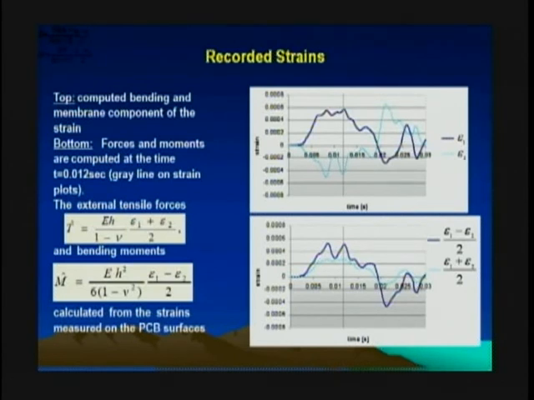In these formulas, if you measured epsilon sub 1 and epsilon sub 2 on the convex and concave parts of the printed circuit board during testing, and then you know the thickness of the board, H, and you know Young's modulus of the board material, E, and you know the Poisson's ratio of the board material, here's a nu in the numerator, then you can calculate both the force and the moment.